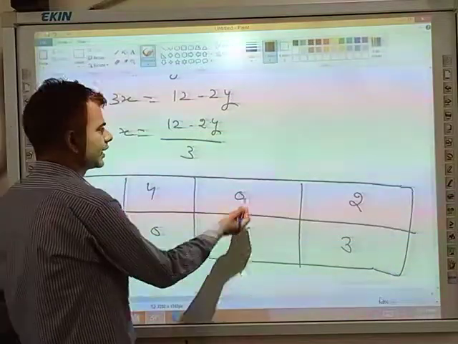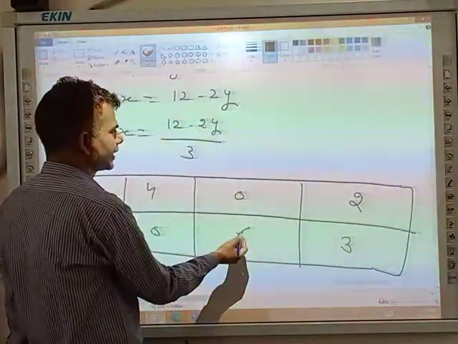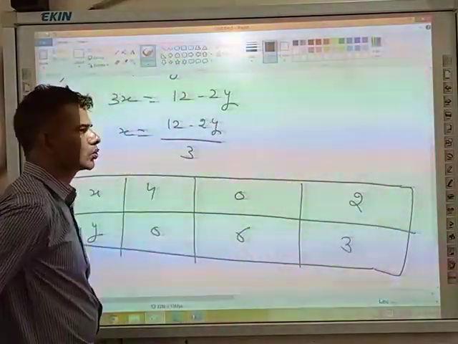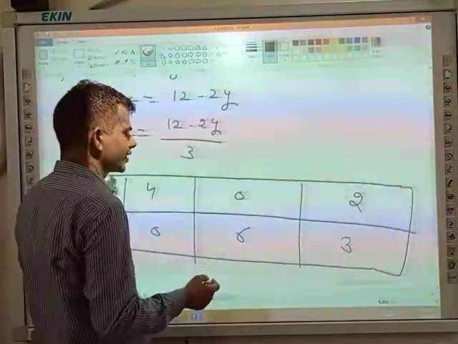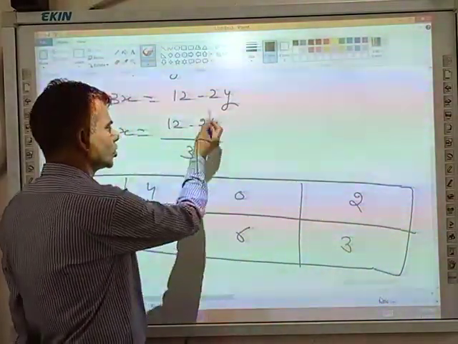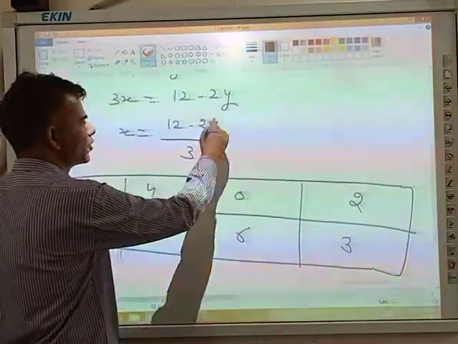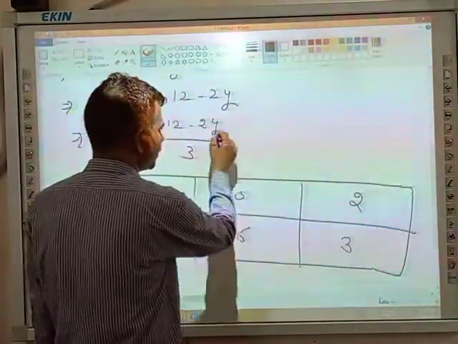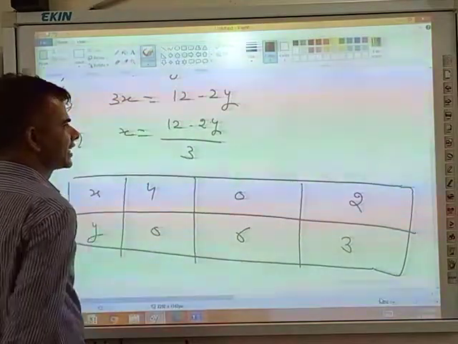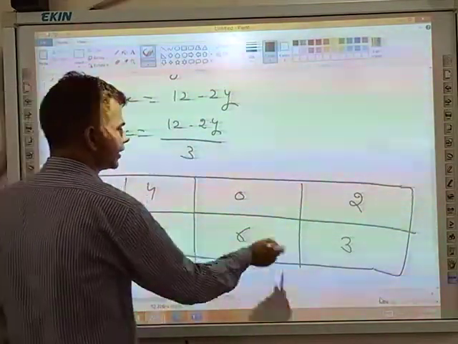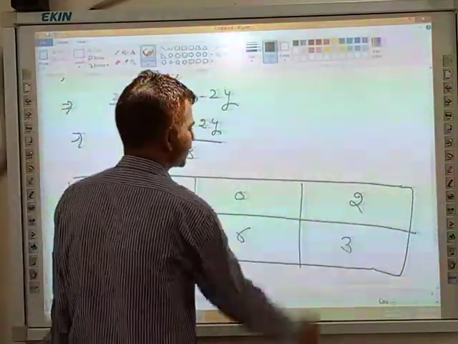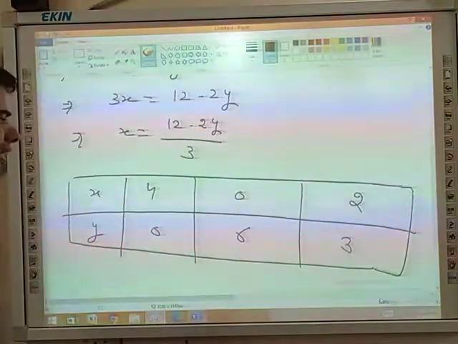Now we take y as 6. 6 2s are 12, 12 minus 12 is 0, and 0 divided by any number is 0. Now we replace y as 3. 3 2s are 6, 12 minus 6, 6 divided by 3, that is 2. So students, these are the points.